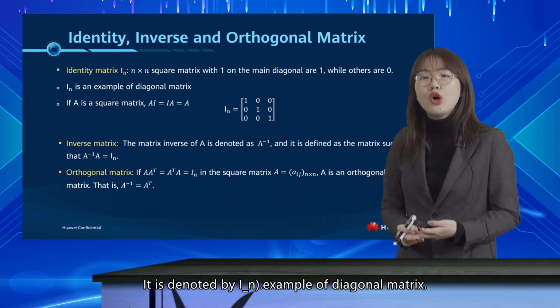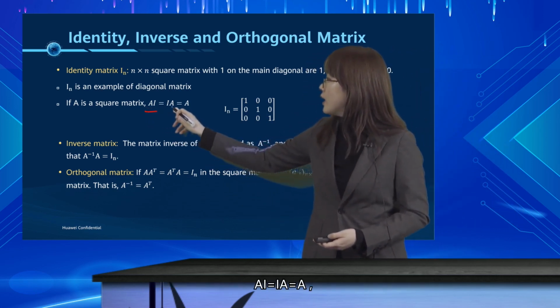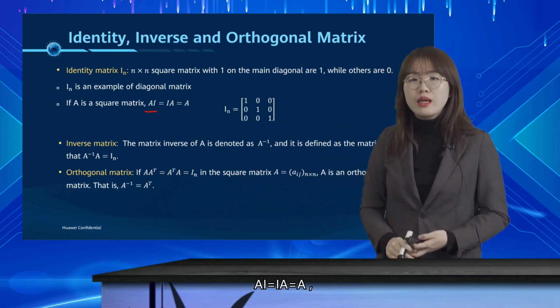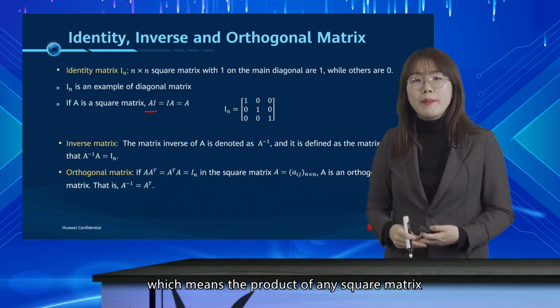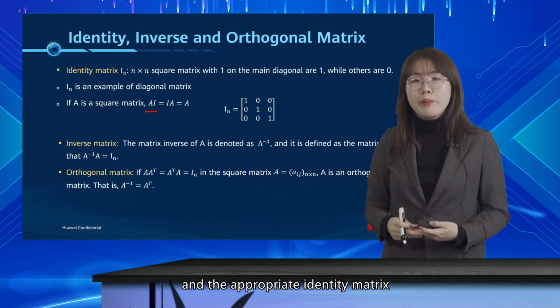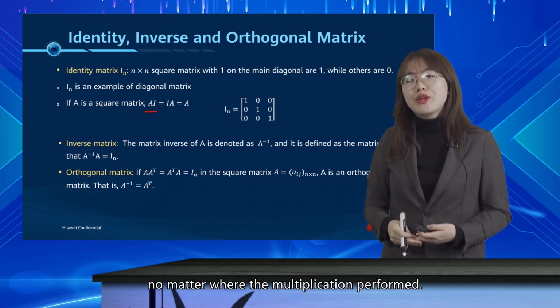Im is an example of the diagonal matrix. AI equals IA equals A, which means the product of any square matrix and the appropriate identity matrix is always equal to the original matrix, no matter where the multiplication is performed.